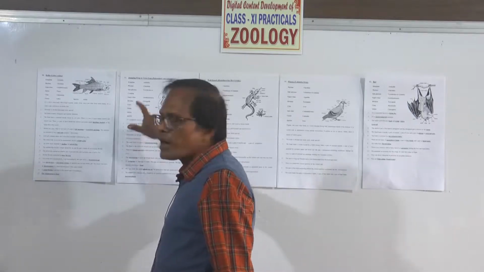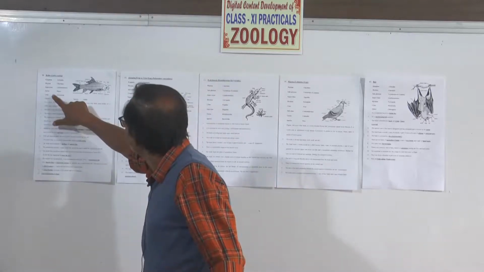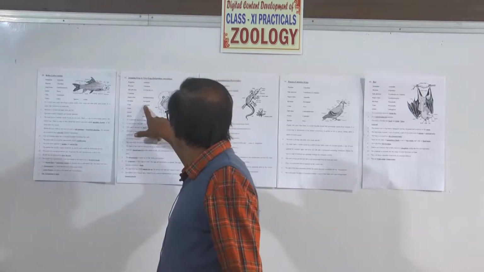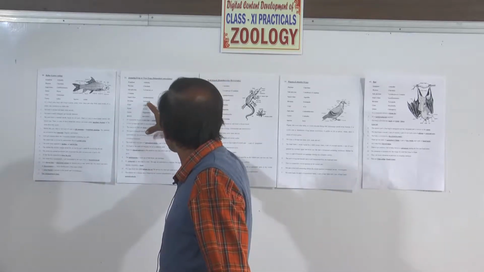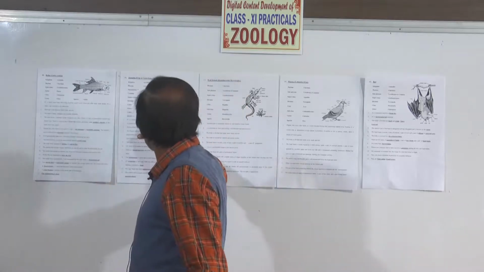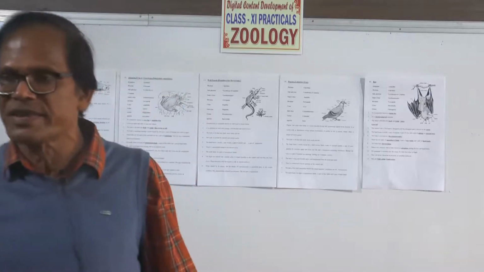The division is Tetrapoda. Here the series was Pisces, here it is Tetrapoda. So Pisces and Tetrapoda are two closely similar words.